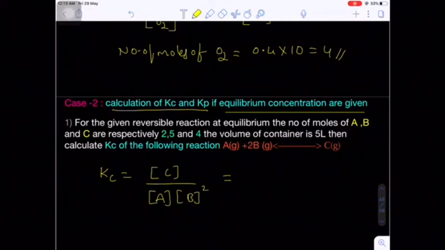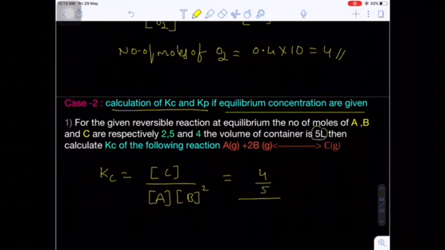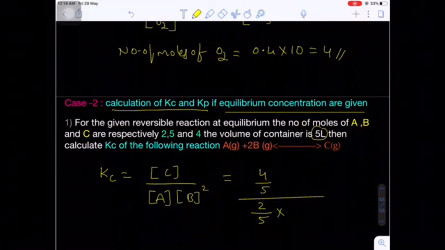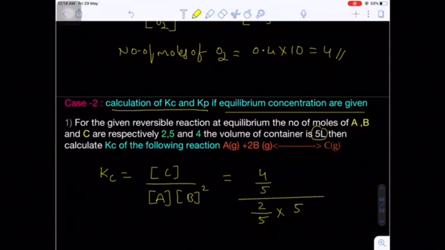What is the concentration of C given to you? 4 moles. Remember, the container is 5 liter volume, so divided by 5, whole divided by, how many moles of A will be present here? 2 moles divided by the volume of the container, multiplied by 5 moles of B divided by the volume of the container, whole square.